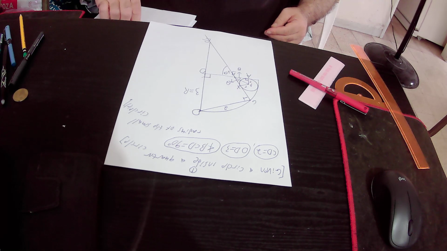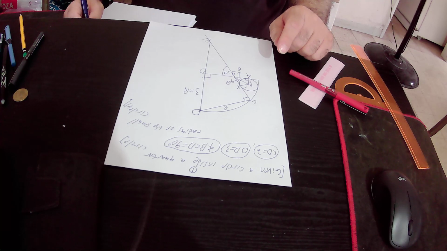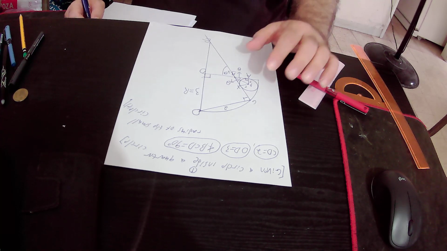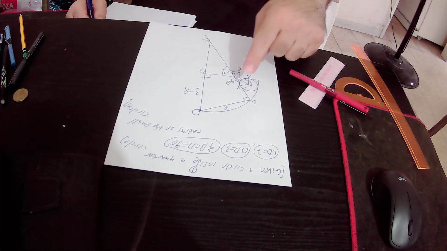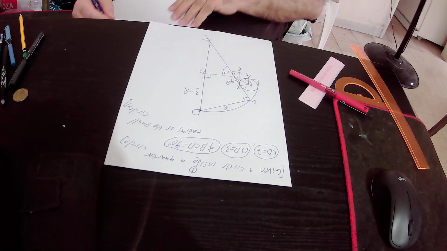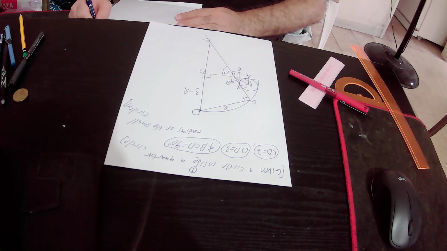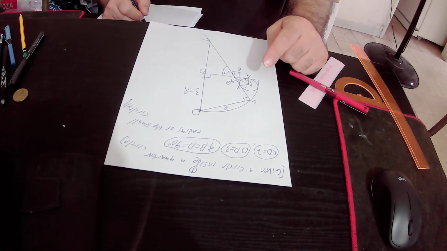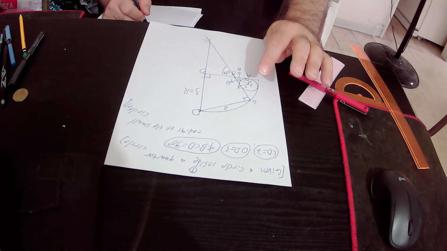Actually, angle ECD, which equals 90 degrees, is a peripheral angle. Again, this angle ECD is a peripheral angle, because it is located inside the quarter circle.